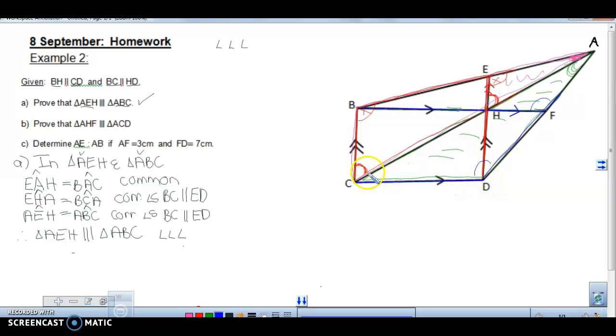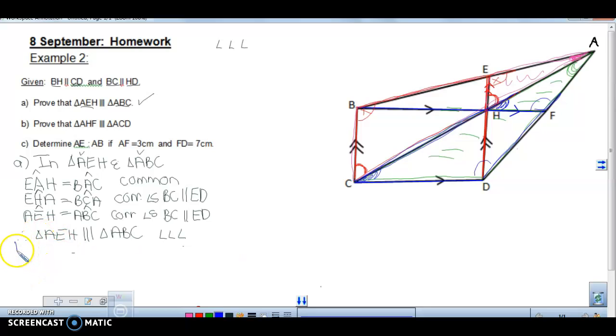And then also, I can have a transversal on this side that connects these two parallel lines here. So the angle that's formed between this transversal and that transversal, they correspond, so they must be equal. So there's my 3 pairs of angles.